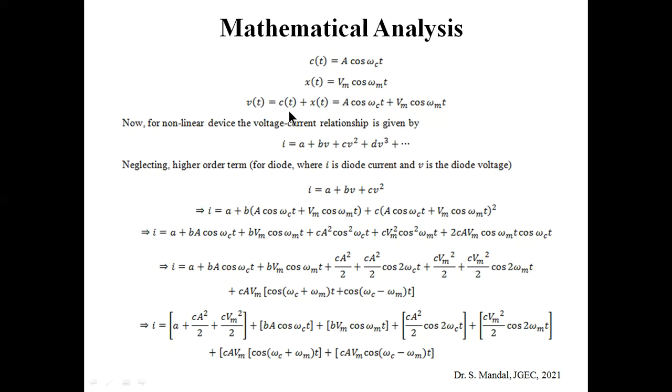Okay, so that's why we just mention c(t) plus x(t). Obviously there should be VCC, but for mathematical analysis we just consider A cos omega ct plus Vm cos omega mt only.